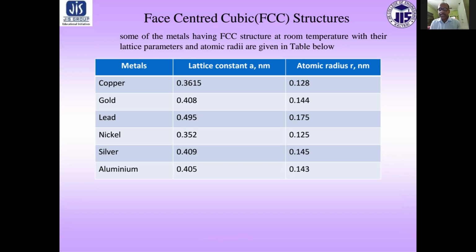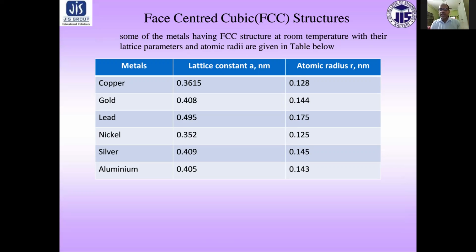For nickel, the lattice constant a is 0.352 and the atomic radius is 0.125 nanometer. Silver, that is 0.409 and 0.145 nanometer respectively, that is lattice constant a and atomic radius r.